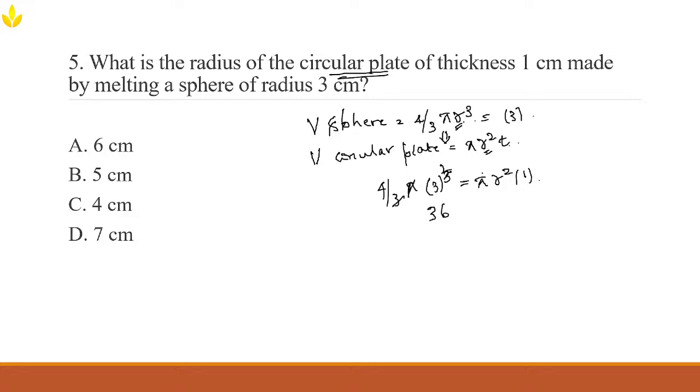And pi on the right hand side can be cancelled out. So that will be equal to r square, where the r value will be equal to 6 centimeter. So the required answer is that the radius of the circular plate is 6 centimeter.